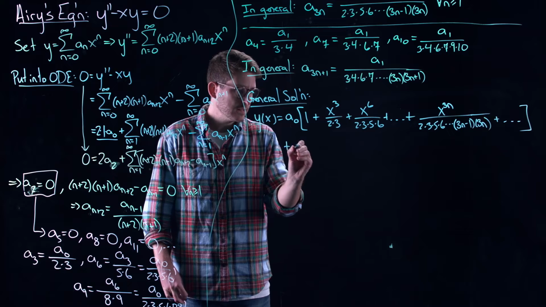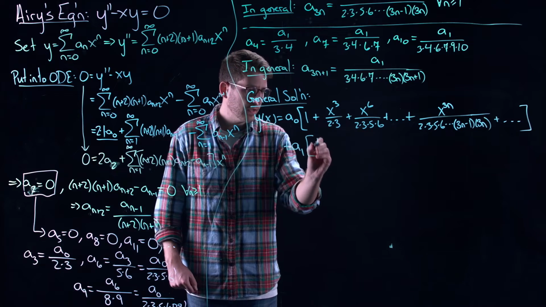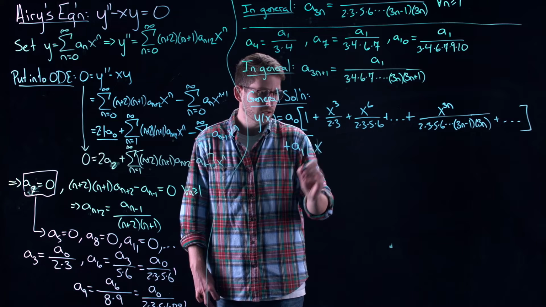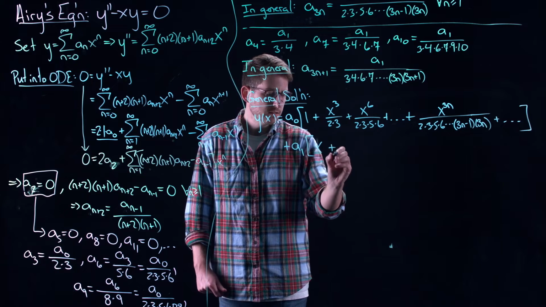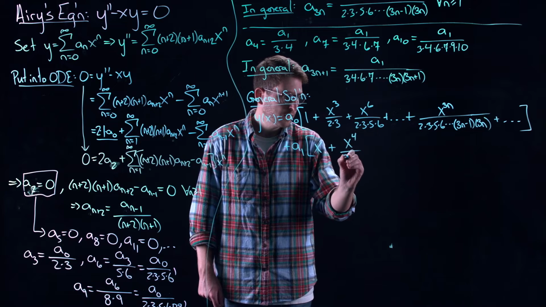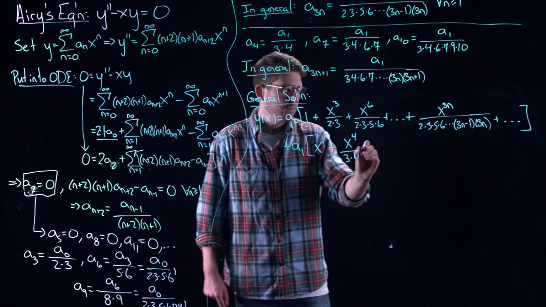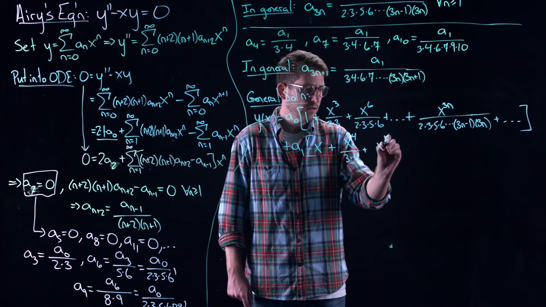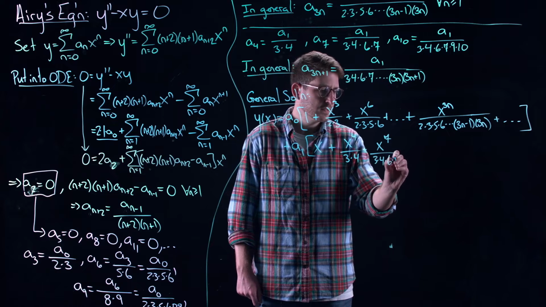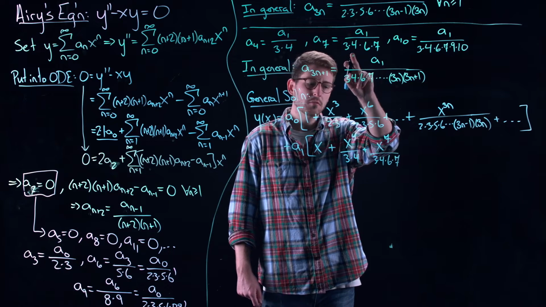And then plus A1, same thing. I get an x, because I have a power of x, pardon me. And then plus x to the 4 divided by 3 times 4, plus x to the 7 divided by 3 times 4 times 6 times 7, just this term right here.